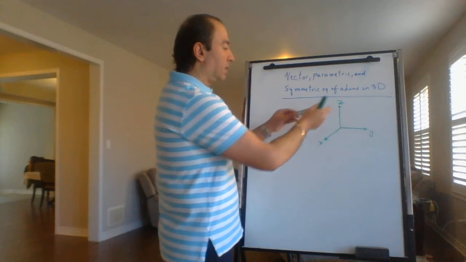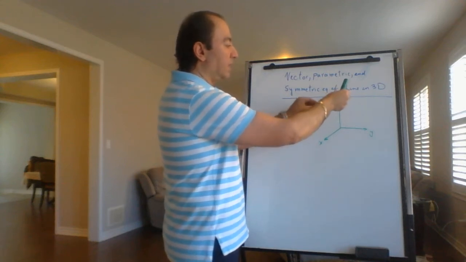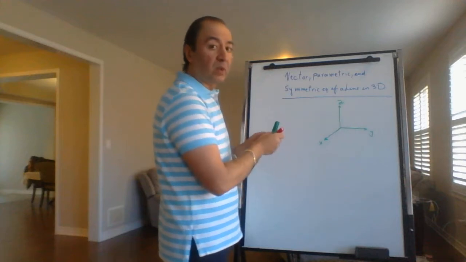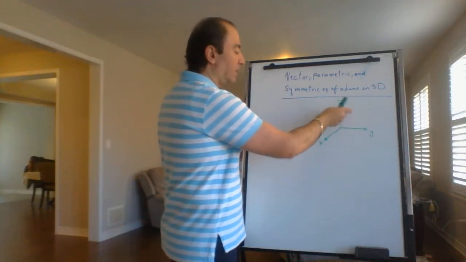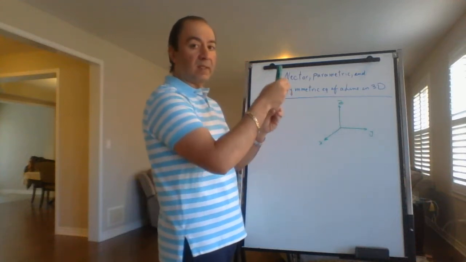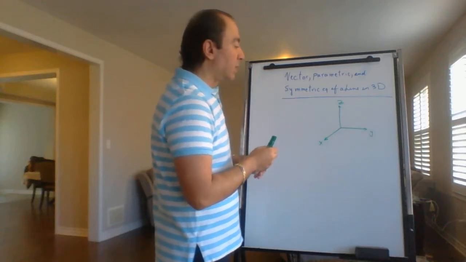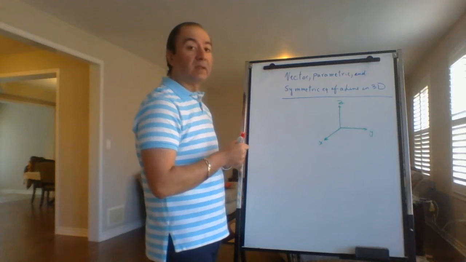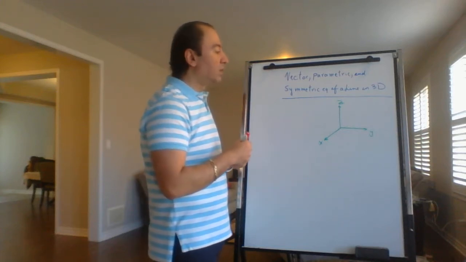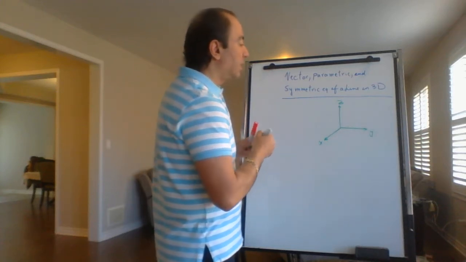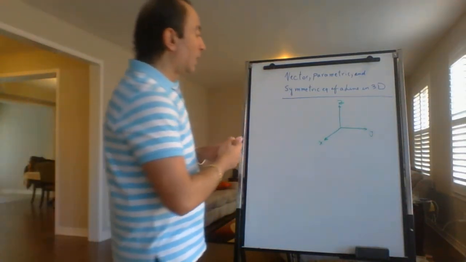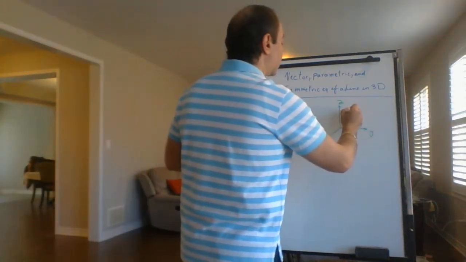So the line is in 3D. It is not in the board. However, when I draw it, it will look like it is in the board, but it is in 3 dimensions. So as we said the last time, when we learned in 2D, we need a point on a line and a direction vector.